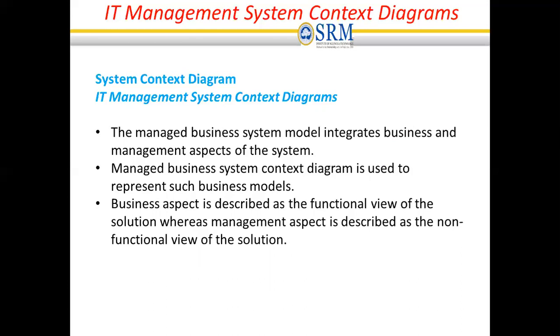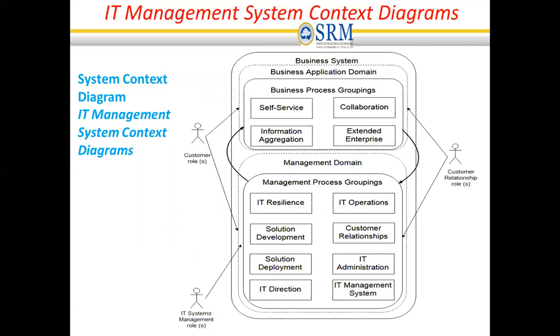So the combined process model shown in this figure is a composite view of the two different models we have discussed. It can be observed that the managed business system can be divided into business application domain and management domain.